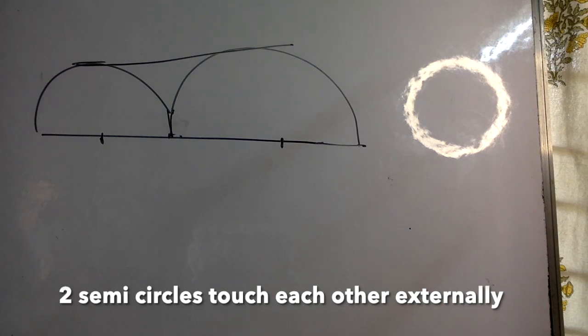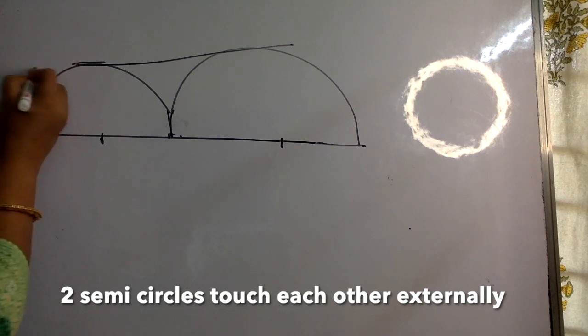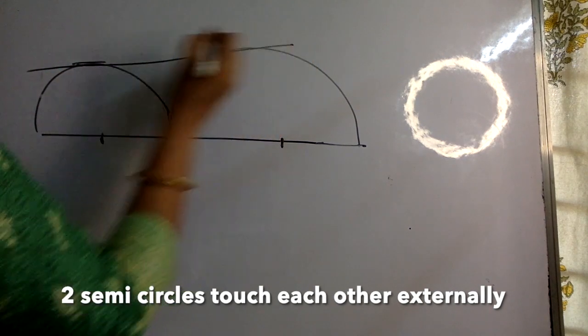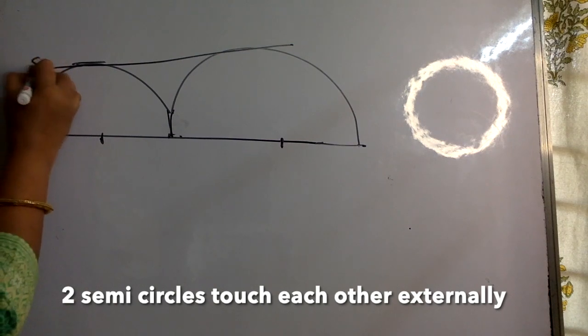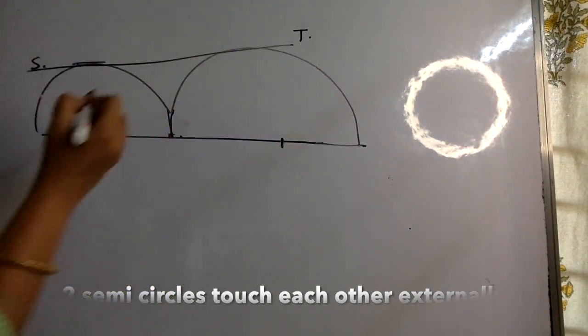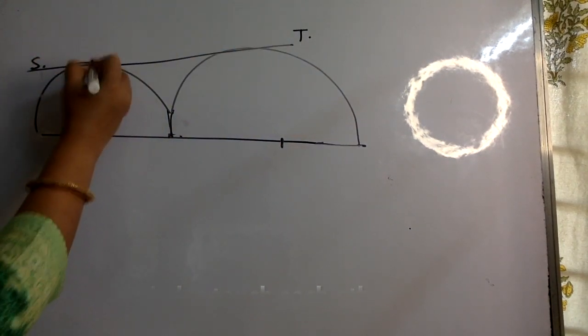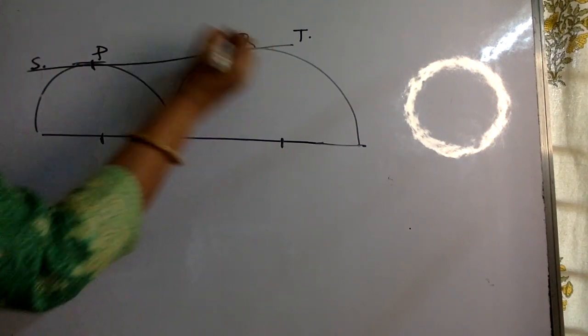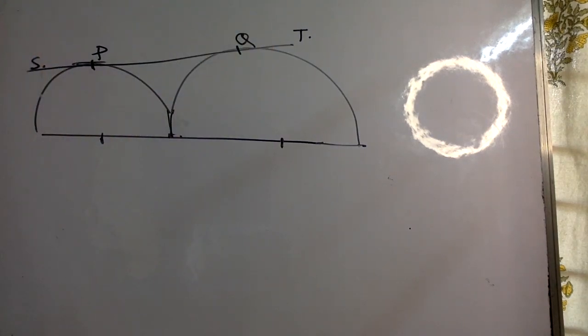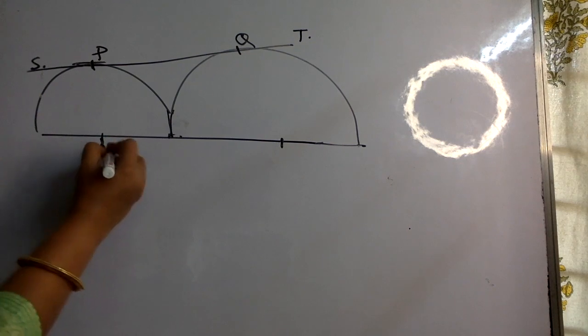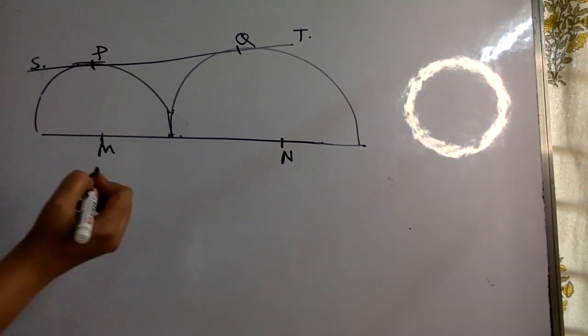The name of the common tangent, if we extend it on both sides, is ST. At the points of contact it is P and Q, and then here we have M and N, that is the center of the two semicircles.